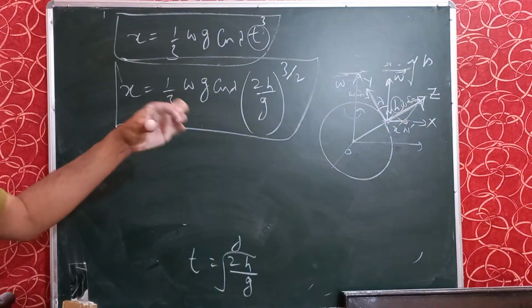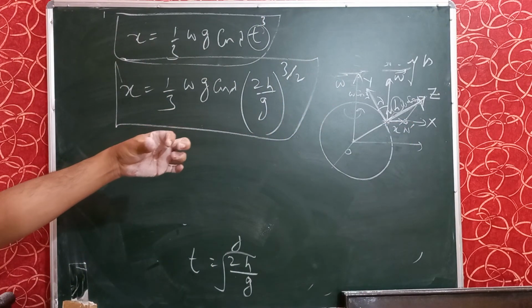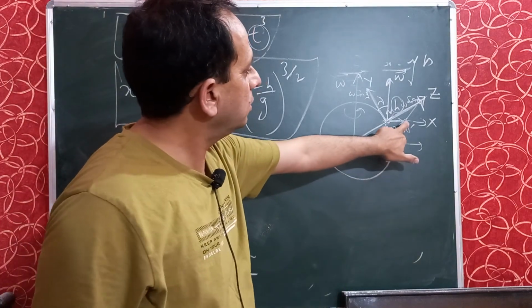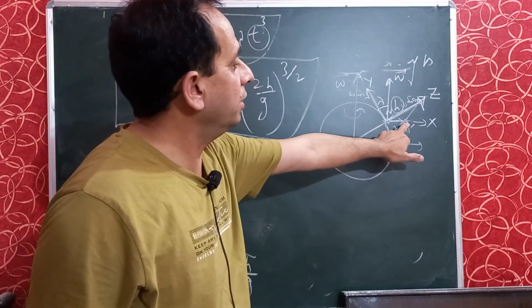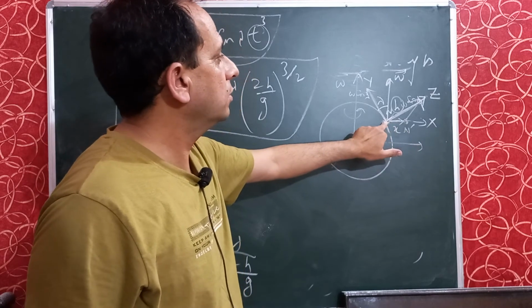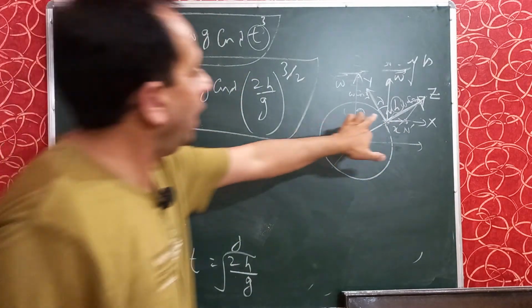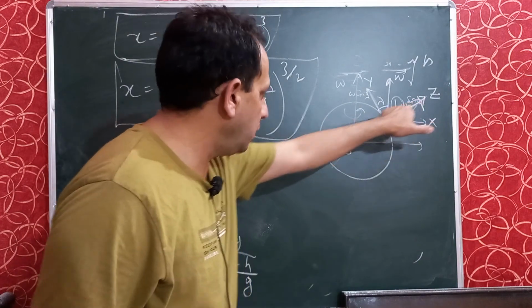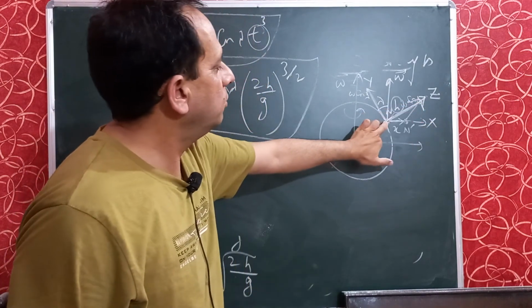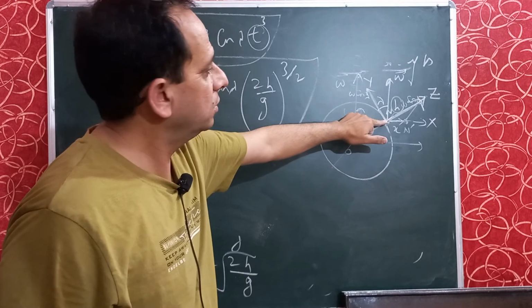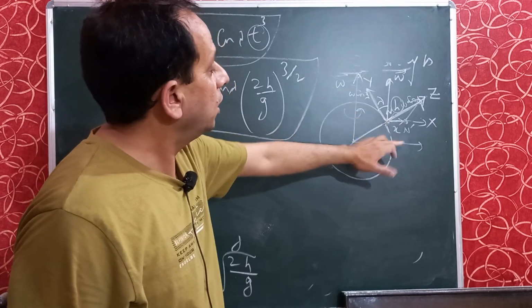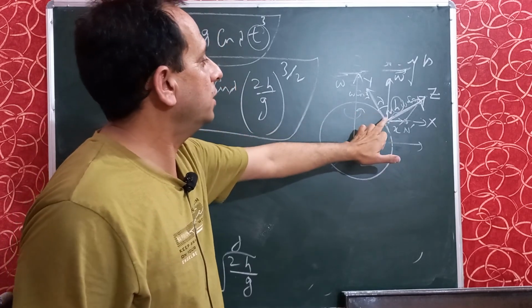So it is that distance at which the body actually falls instead of at n, because the body has to fall at point n, since under gravity it will move toward this side and strike the surface of earth at point n. But due to Coriolis force, it will not strike at this end point, it will strike at n dash.